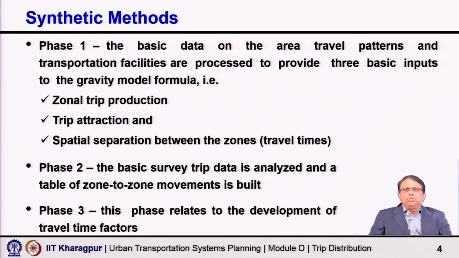Then, in phase 2, what do I need? I need the basic survey trip data and a table of zone to zone movements, because you require this for the calibration of the friction factor Fij. We have the travel time, cost or distance value, but that is then to be translated into the friction factor Fij value.